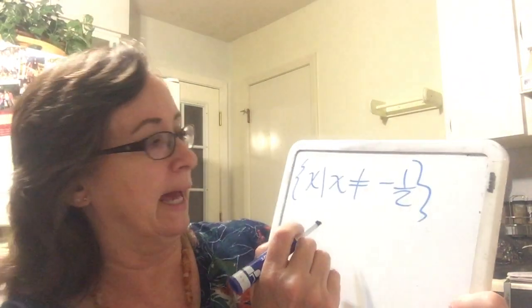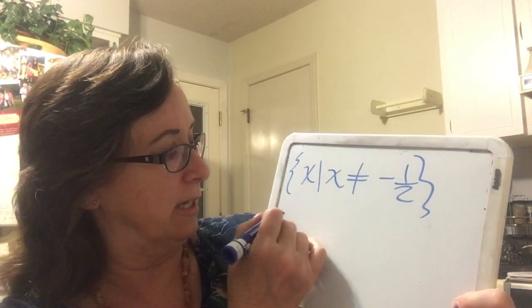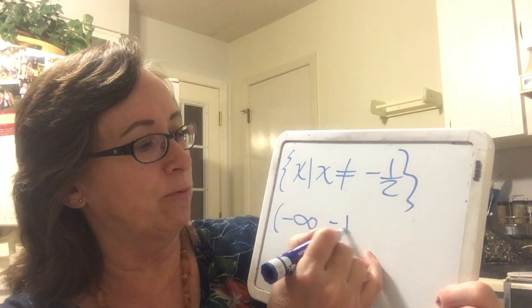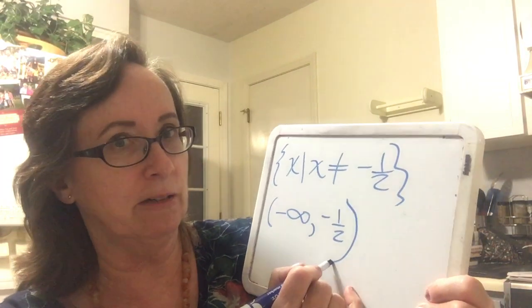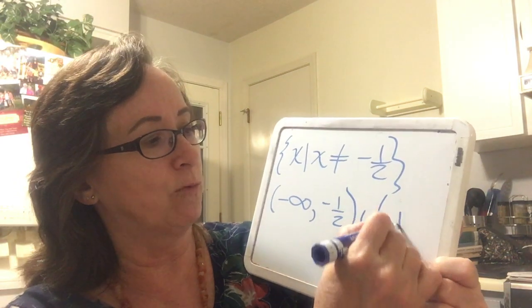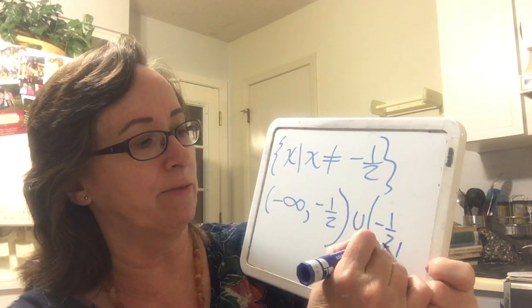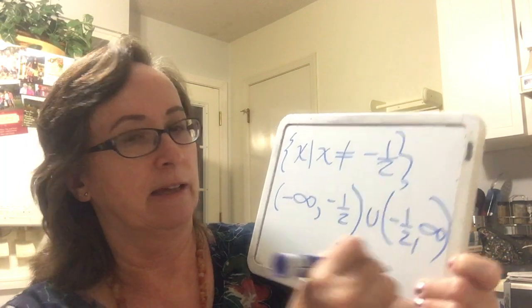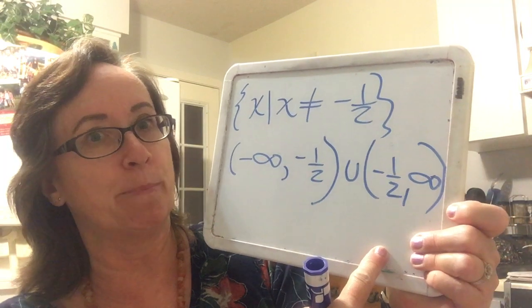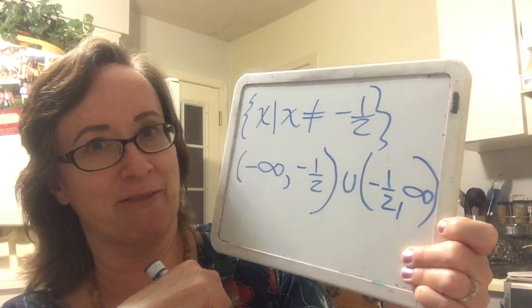In interval notation, I would say negative infinity to negative 1/2, excluding negative 1/2, union negative 1/2 to positive infinity. And that notation in interval means everything but negative 1/2.